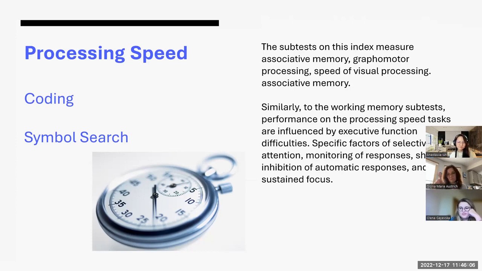Sometimes there are rows on the symbol search, and if a student misses rows, that's a question. Was this visual perceptual, or was this the response style? So it's always important to go back to the subtest and really analyze the errors and put those errors in the context of the child, of what you have learned about that child.